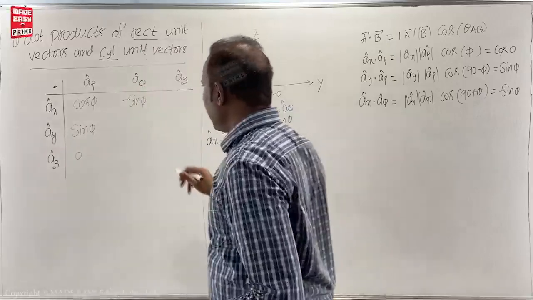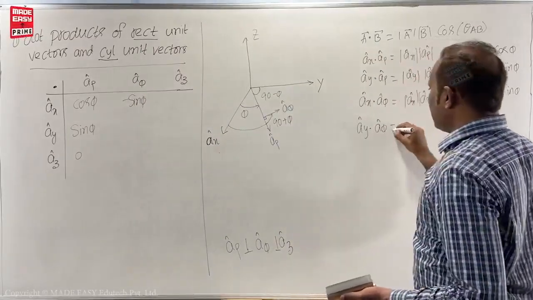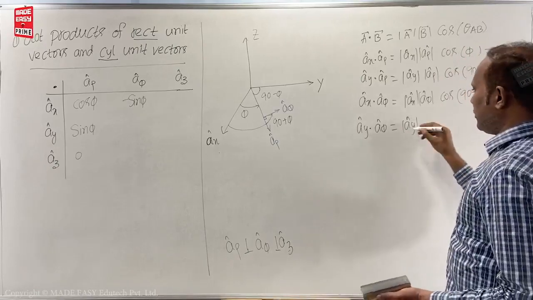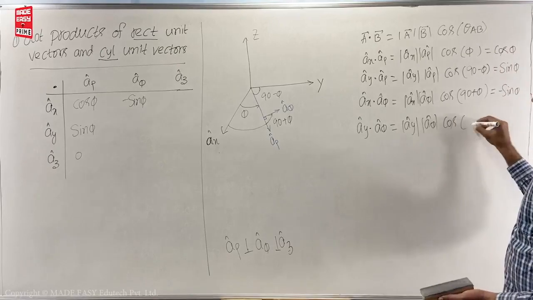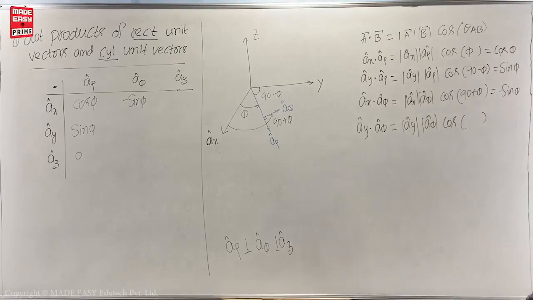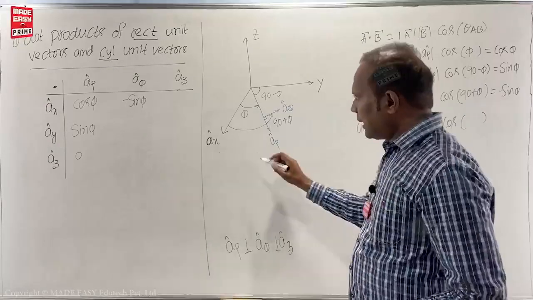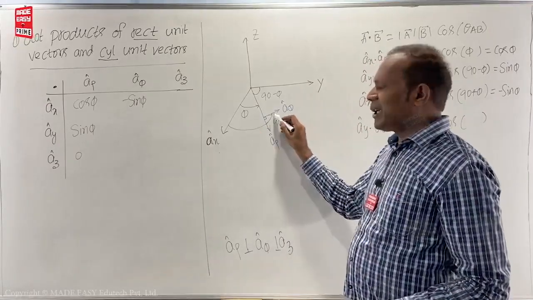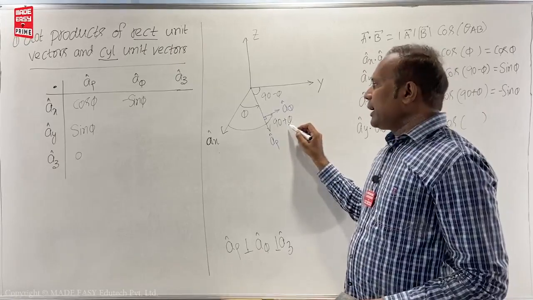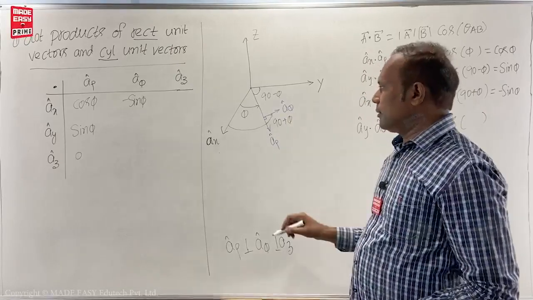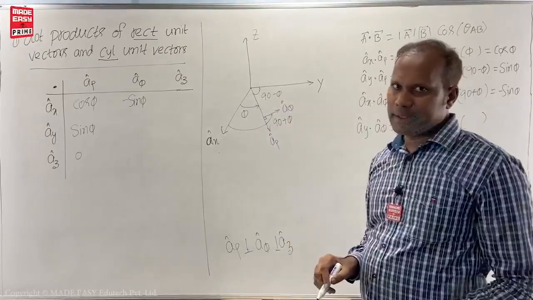Now what is ay dot a phi? ay dot a phi is equal to modulus of ay and modulus of a phi, then cos of the angle between the y-axis and the phi axis. Dear students, the angle between x and a phi is 90 plus phi, and the angle between x and y is 90 degrees.